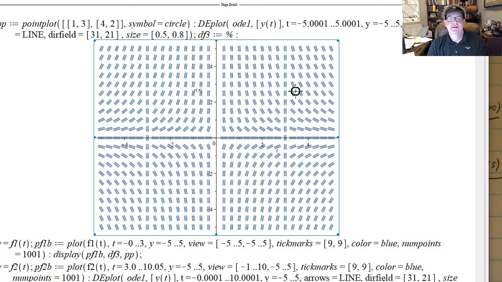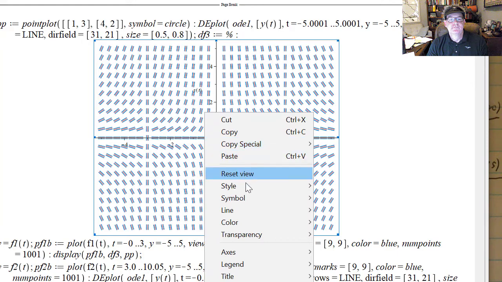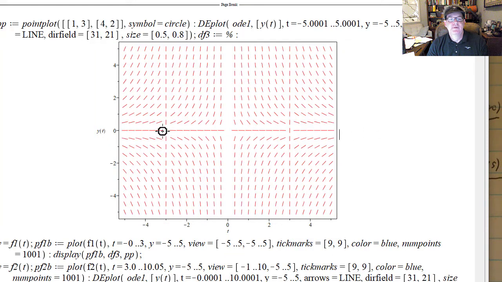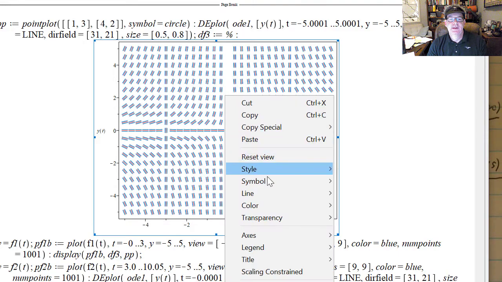If I change this axis here, right, on the x-axis there looks like there's a wall, and there kind of is. Eventually if we have a solution here, we won't be able to cross. We'll come back down. Put the axis back to normal though.